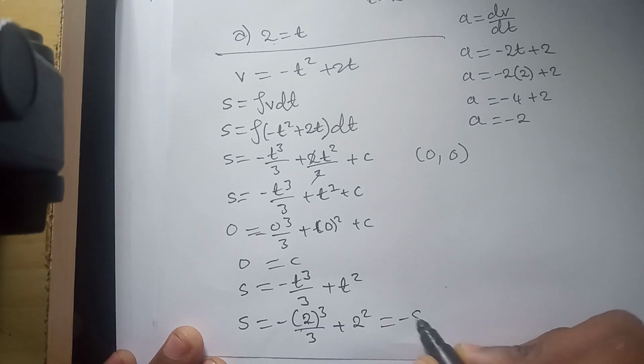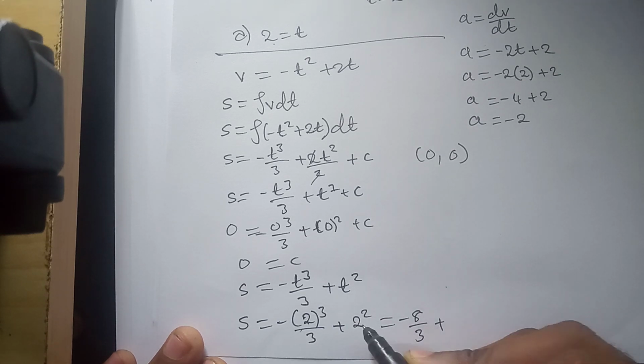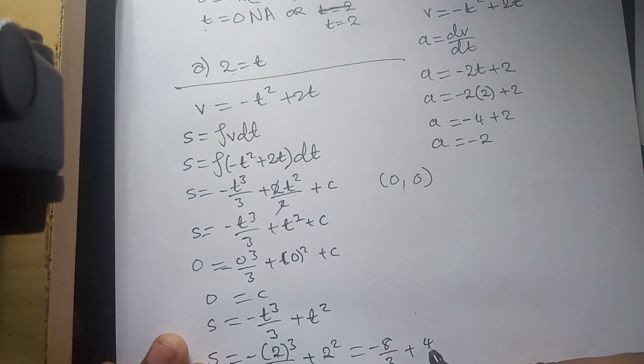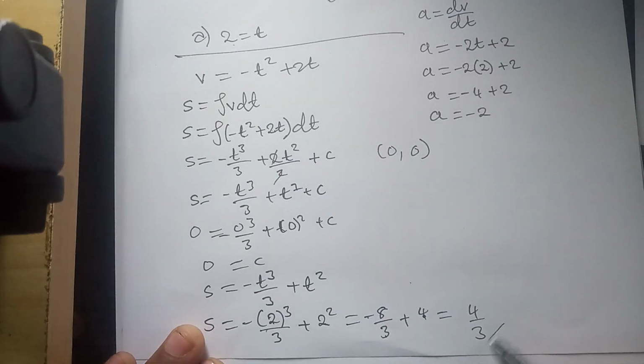So this will be negative 8 over 3 plus 4, and then that is 12 minus 8 over 3, which is 4 over 3. Just like this, and you are done. You have all the 10 marks.